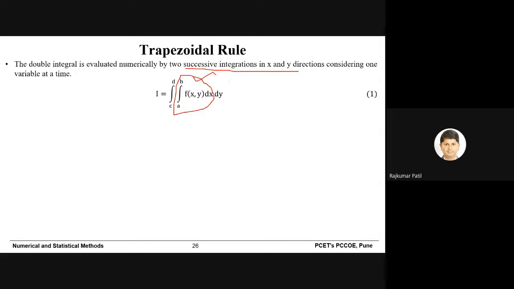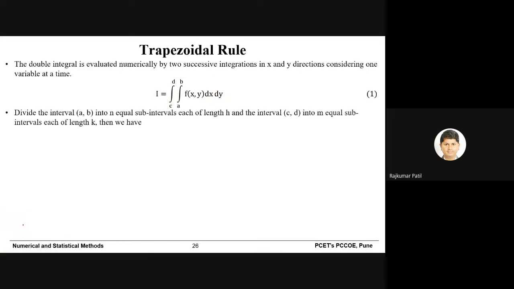Once you do that, then we go for the second part of the integration where we will calculate the length of the shaft. So step by step we need to solve this problem. First of all, the inner part we need to solve, and for whatever solution we get, again we need to take the integration from c to d, and when you do that you will get the final solution for the given problem.